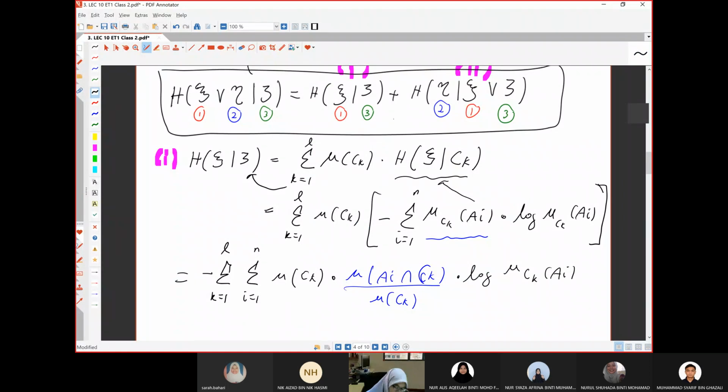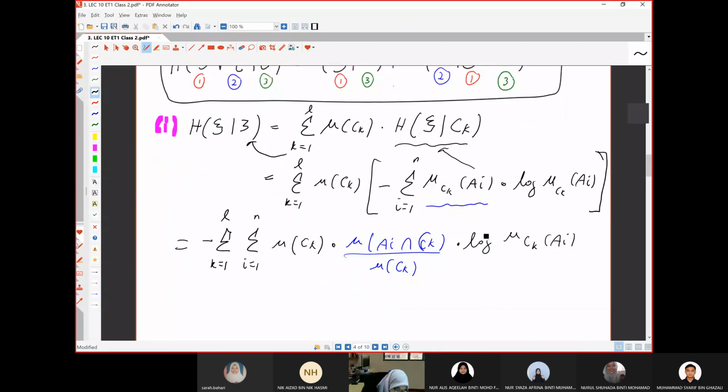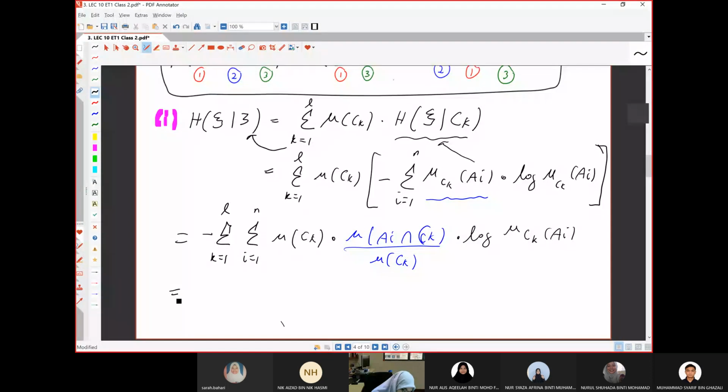Okay, now this becomes the summation over k from 1 to L and the summation over i from 1 to n of mu, and this one you can cancel out, this one and this one.